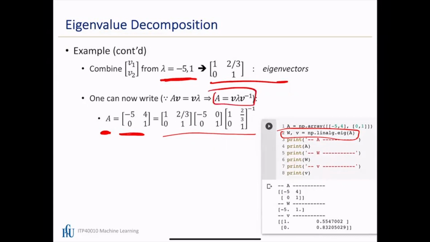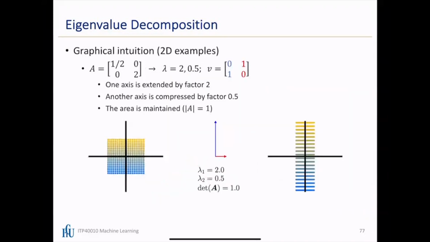And here is one additional step that is called diagonalization. In this specific form, A equals eigenvector, lambda, and eigenvector inverse, which has a special meaning, so we'll talk about it later.